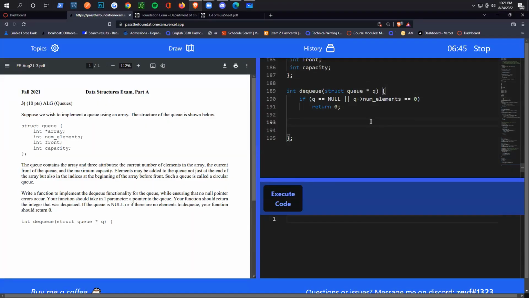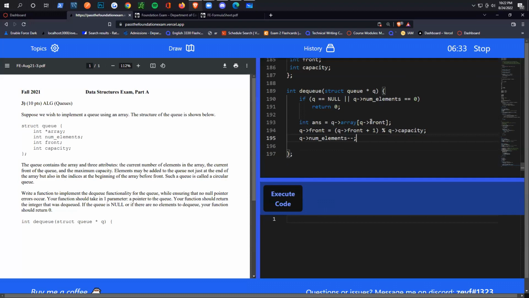So now right here, we're just going to take the answer. This is what we're going to return. So this is going to be Q of array of front. Now at this point, we're just going to move the Q front forward. And right here, remember we have to decrease the number of elements.